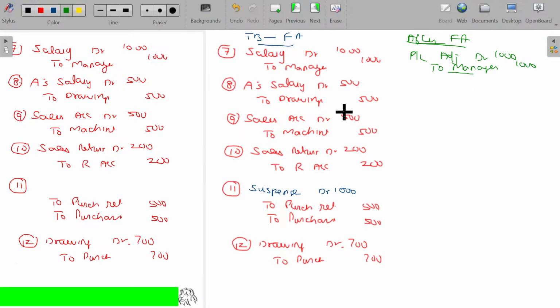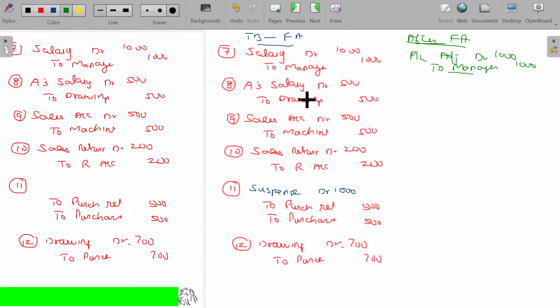A's salary, a nominal account, will be cancelled by transferring to the P&L adjustment account and drawings account. But anyhow, A is the owner, right? So automatically A's salary will be adjusted in A's account or P&L account. Drawings also P&L account. We will have no entry at all.